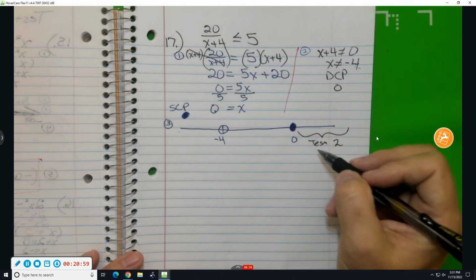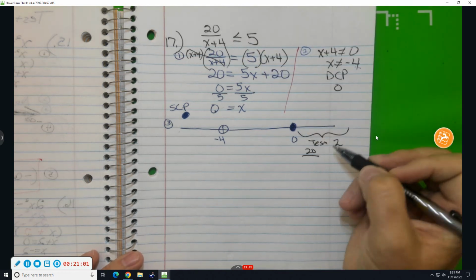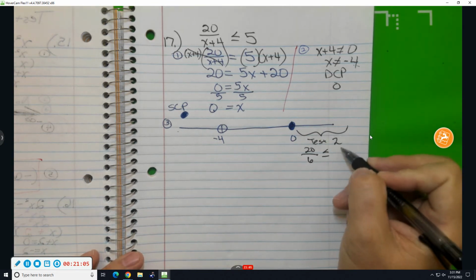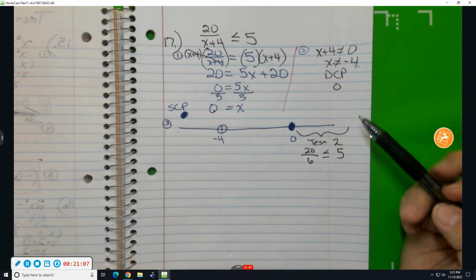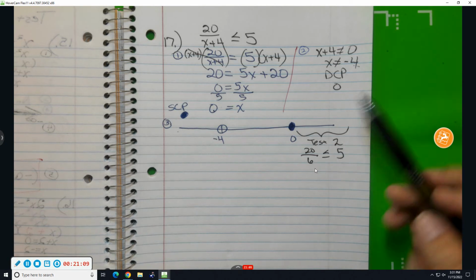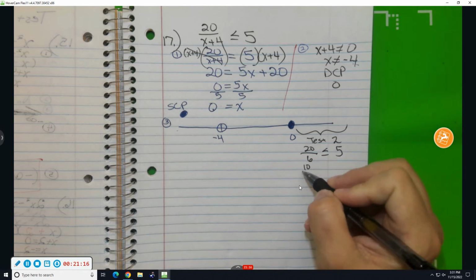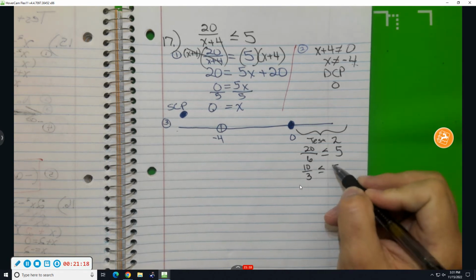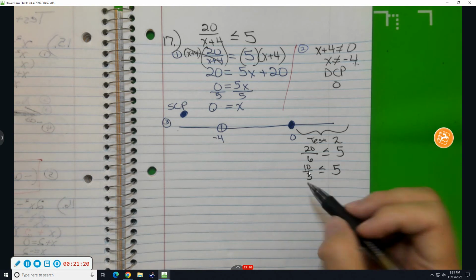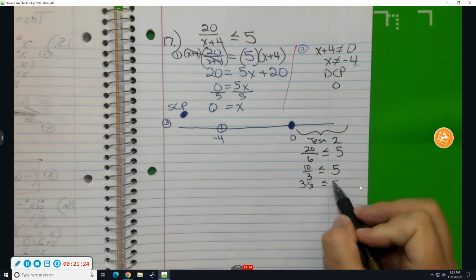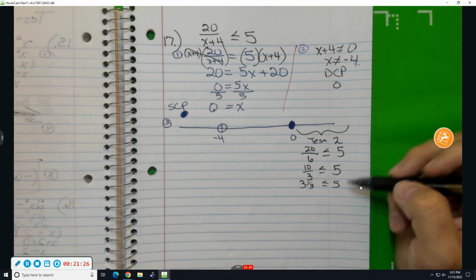That would give us 20 divided by 2 plus 4 is 6 is less than or equal to 5. If we had tested 1, I think it would have worked out a little better. 20 divided by 6, that's 10/3. 10/3, that's 3 1/3 as a mixed number, is less than 5. That is true.